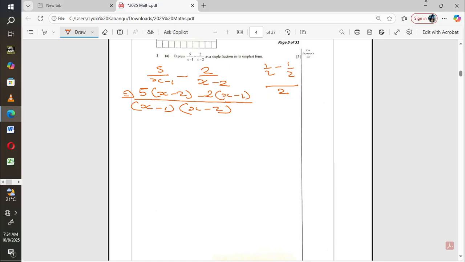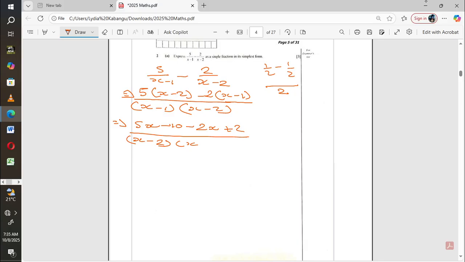Okay, so from there, we start multiplying now. What is 5 times x? We're going to have 5x because 5 multiplies everything in the bracket, minus 5 times 2, we're going to have 10 there, minus what is 2 times x? We're going to have 2x, negative 2 times negative 1, we're going to have a positive 2 there, over x minus 1 and x minus 2. Don't forget the denominators there.